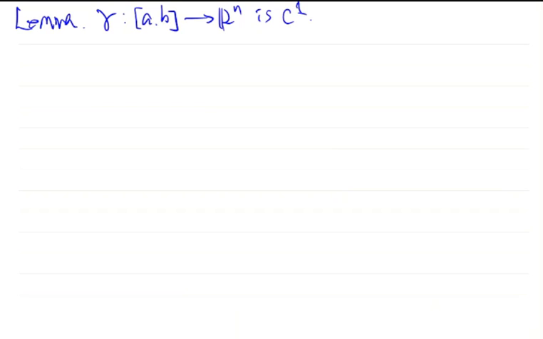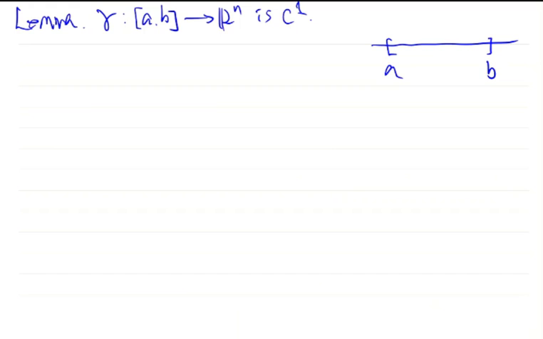A C1 map is different from a smooth parametric curve. C1 map means that this gamma is differentiable in the closed interval [a, b]. Okay, this is a C1 map.